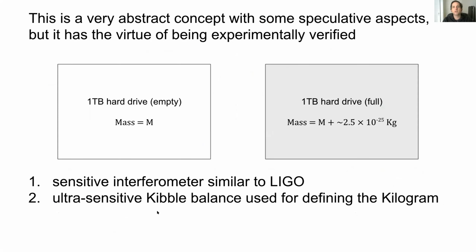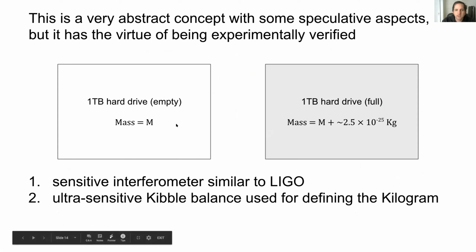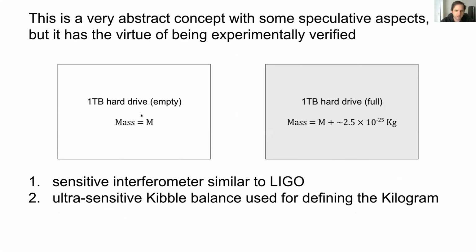And there's a very simple experiment that can be done to prove this. The author proposes that you take an empty hard drive with some mass, you fill it with information, and that mass should change. In this example, with a 1 terabyte hard drive, it should change by approximately this value here.